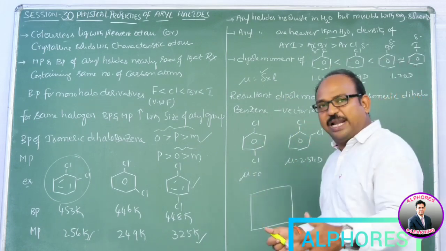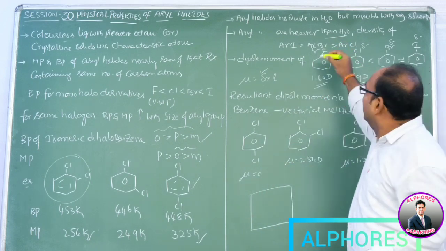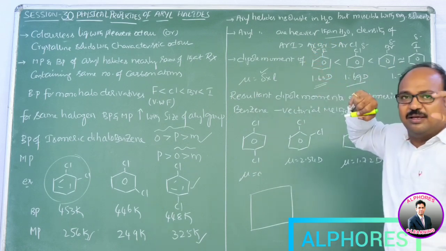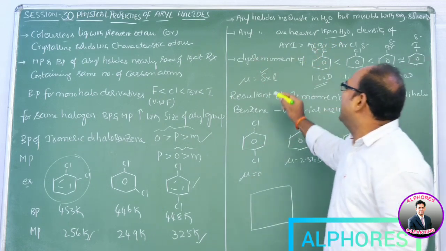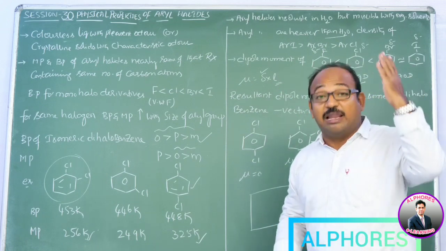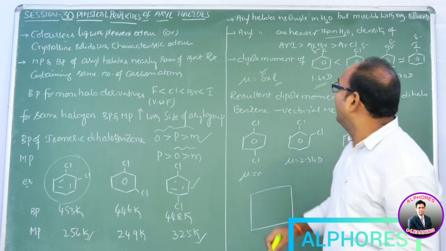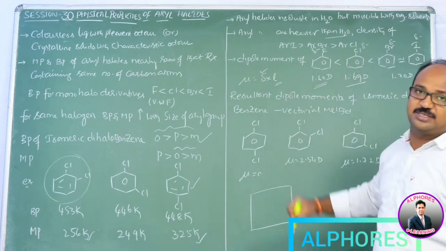Here let's come to that explanation. In the case of fluorine, because of small size, the C-F bond length, meaning the distance between the two poles, the L value, is less, even though the delta value is more. That's why the product of delta into L remains 1.60.